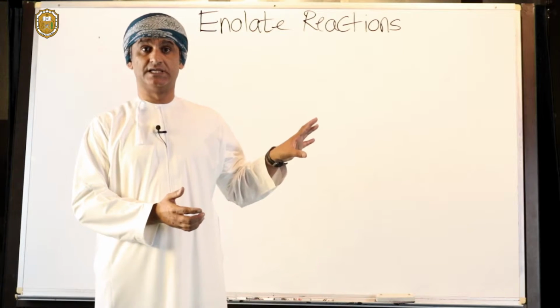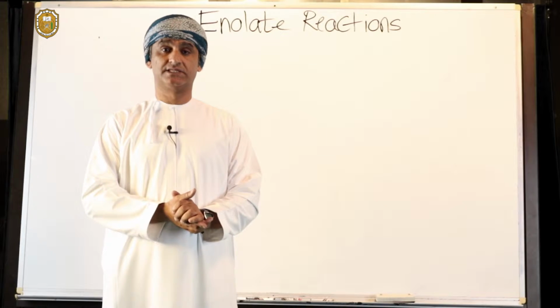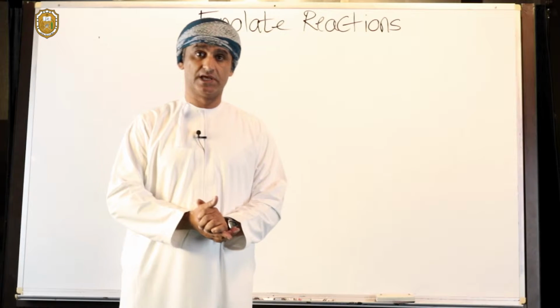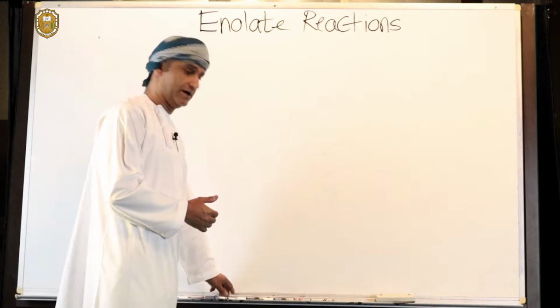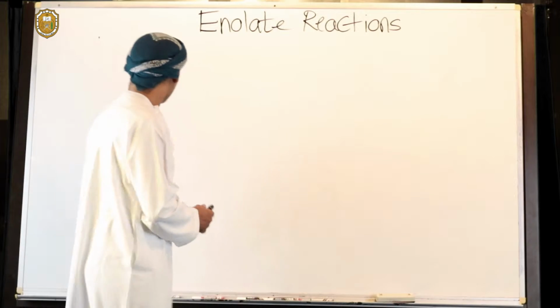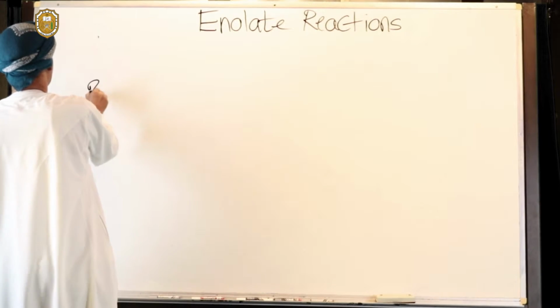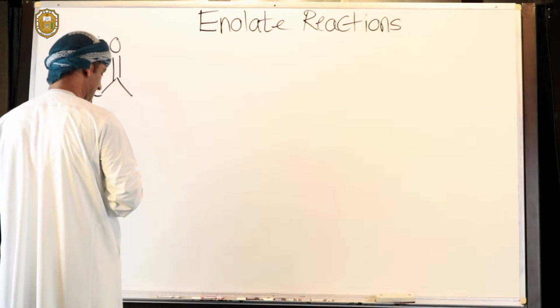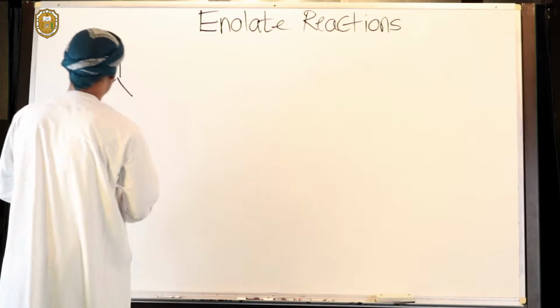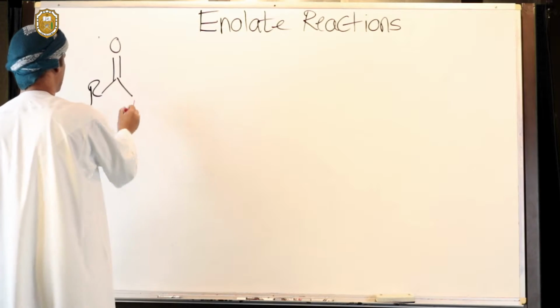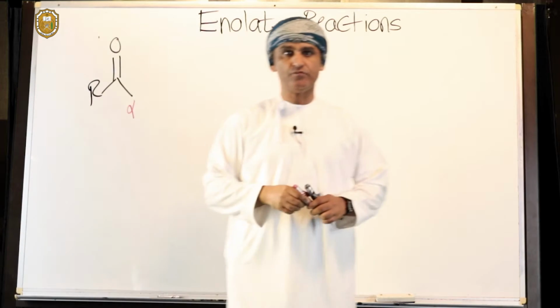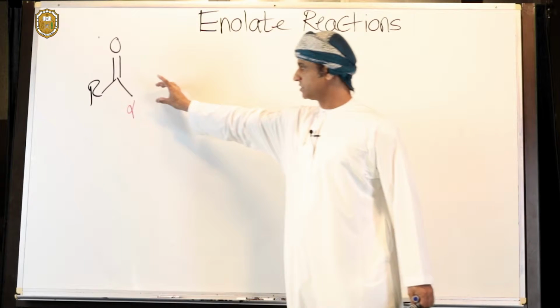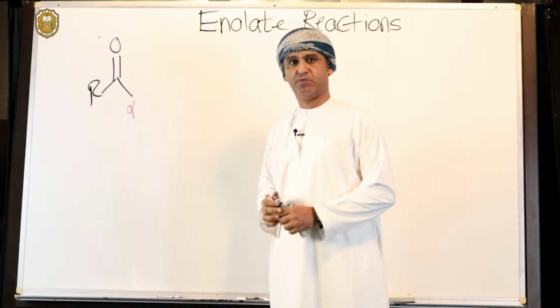Let's summarize the reactions of enolates, the reactions that we learned about thus far. So what we can do is take a carbonyl compound, a ketone in general, with an alpha hydrogen. Remember again, this position is very, very important.